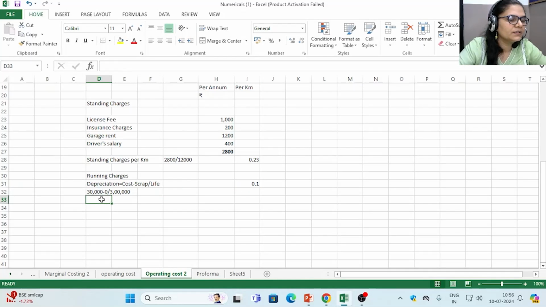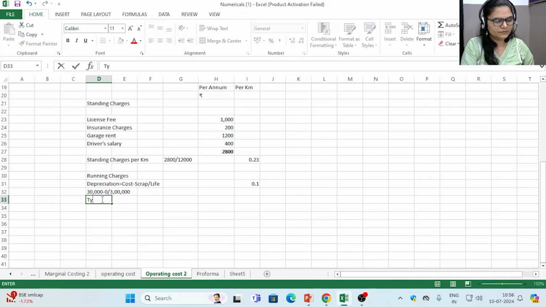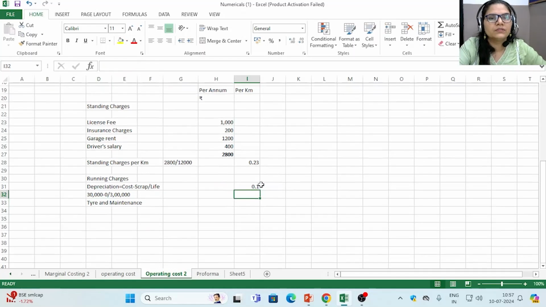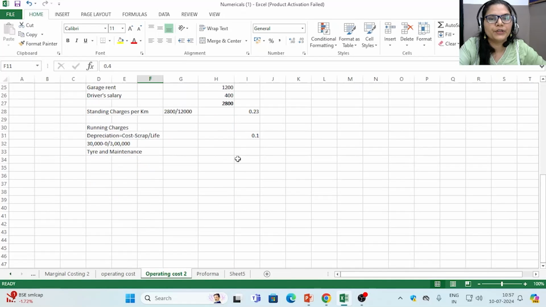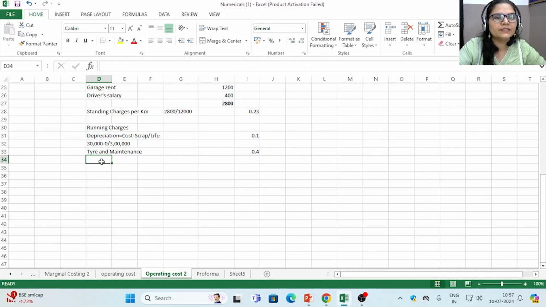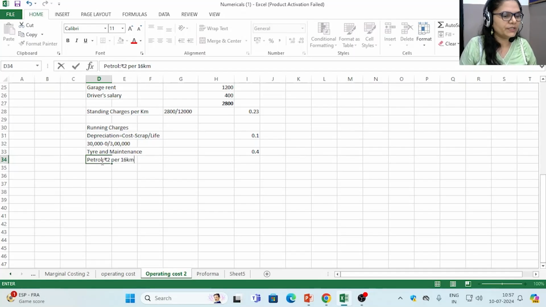Next is tire and maintenance, which is given in the question as 0.40 per kilometer. So it will be 0.40. Next is petrol, rupees 2 per 16 kilometers.